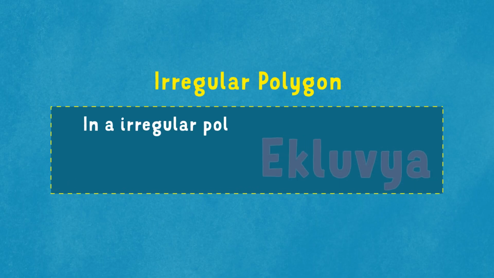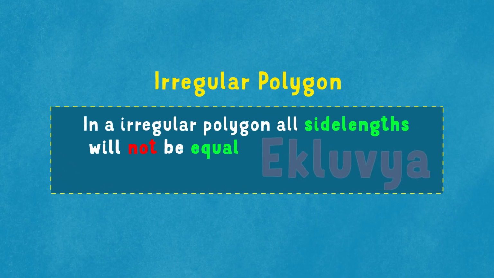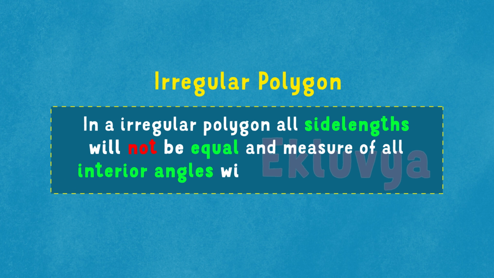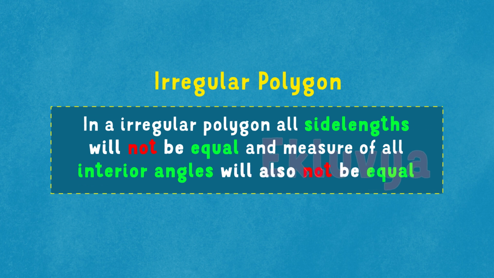We learned that in regular polygons, two things happen, right? That their side lengths and measures of interior angles are equal. But in irregular polygons, these two things will definitely not happen. That is, all side lengths will not be equal and the measures of all interior angles will also not be equal. So basically, these are shapes with sides of different lengths and angles of varying degrees.